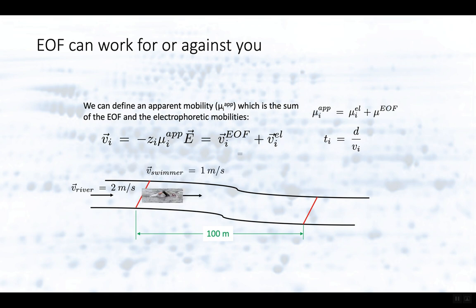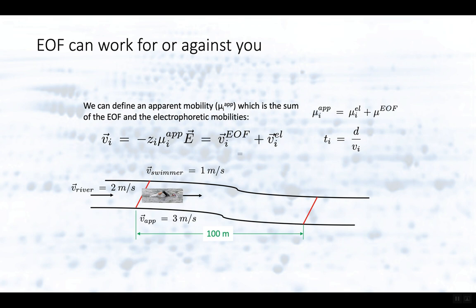Now, let's compare that to a swimmer that's actually moving downstream at 1 meter per second. So in one case we would have a negatively charged ion, the other case a positively charged ion. Think of it that way, if the upstream is the cathode and the downstream is the anode. So if we have another ion that's net positively charged, he's swimming with the current.